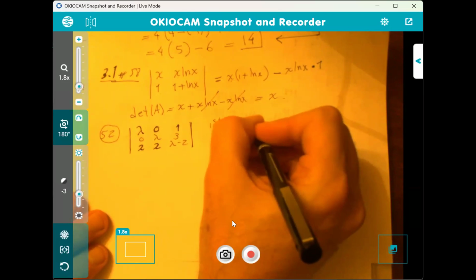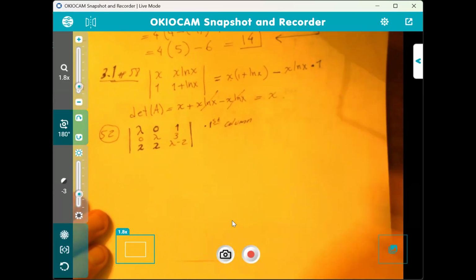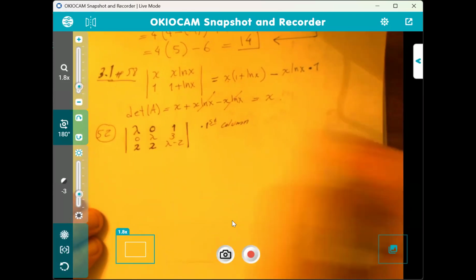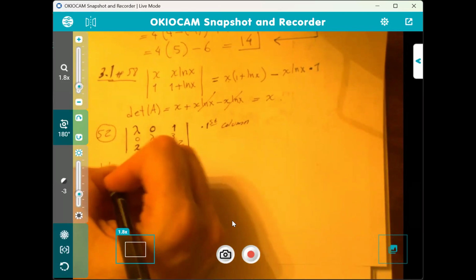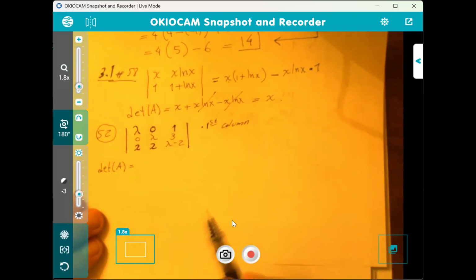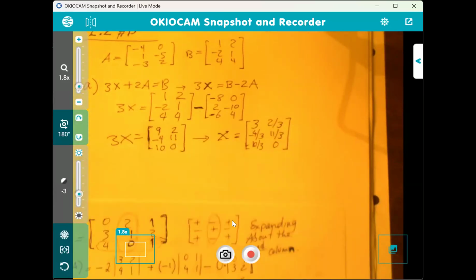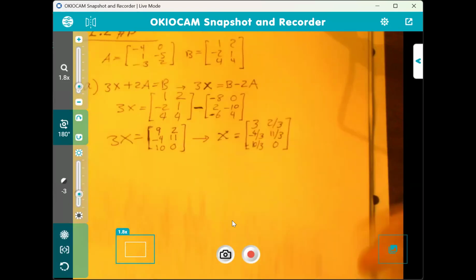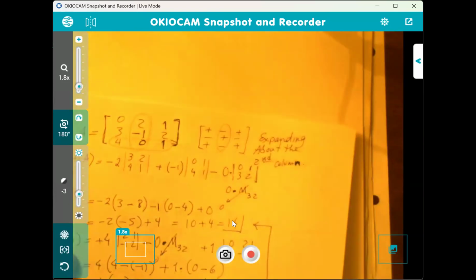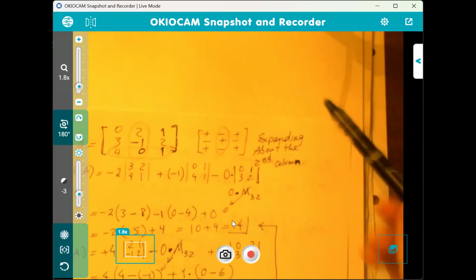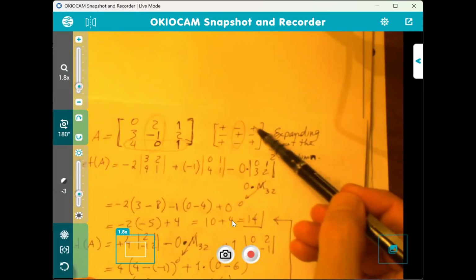Again, in the book, the formula is for the first row. We're going to do it about the first column. So, the determinant of A is, remember the sign that goes with the first column. Let me bring the paper down. Our signs are plus, minus, plus, like that.